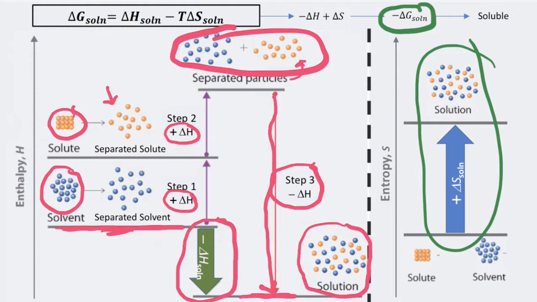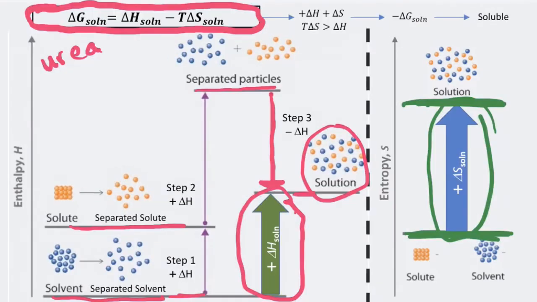Here, both the negative delta H of solution and the positive delta S of solution increase solubility. Here on the other one, the endothermic solution, we have to have the T delta S component, the entropy component, outweigh the enthalpy component to give us a negative delta G of solution to make the solute soluble in that solvent.